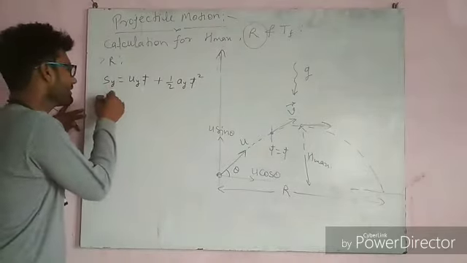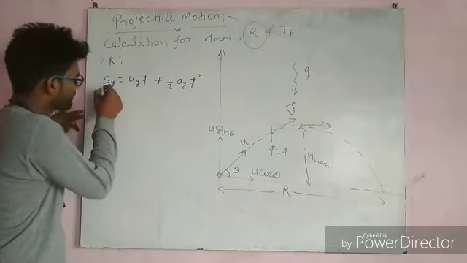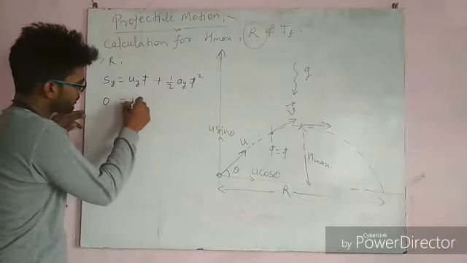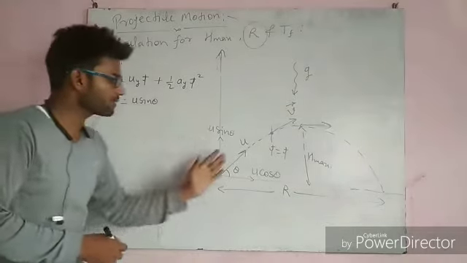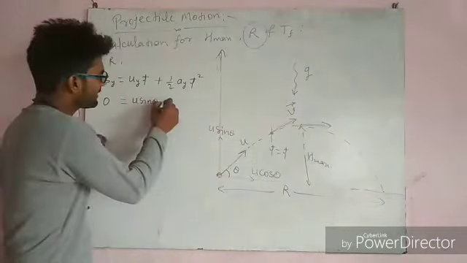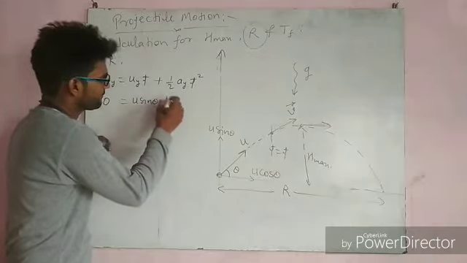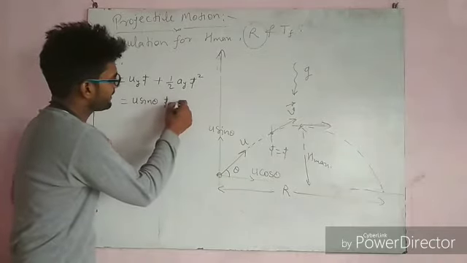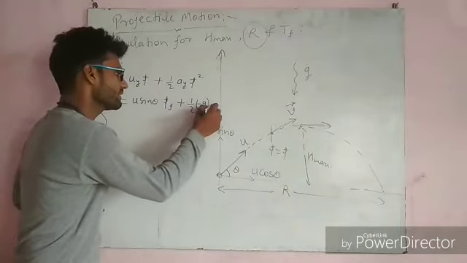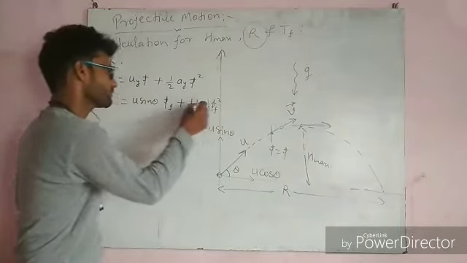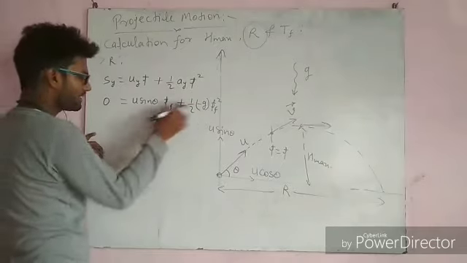So the net displacement in y direction is 0. uy equal to u sin theta. What will be t? t will be the total time of flight, represented by Tf, plus half ay, which is minus g, into Tf square. So from here we can get the Tf value.